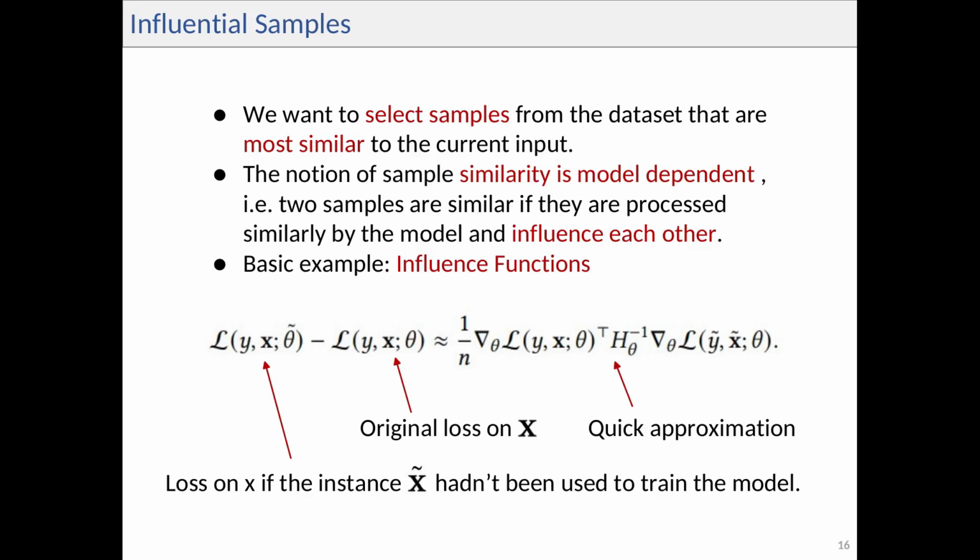Now, the notion of similarity is not general, but rather according to the model. So we want to find input samples that are processed similarly and therefore influence each other during training.